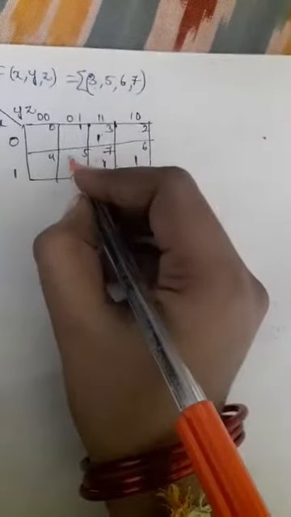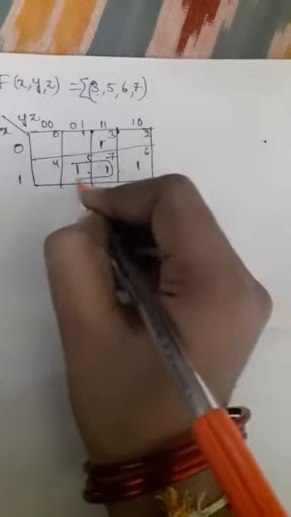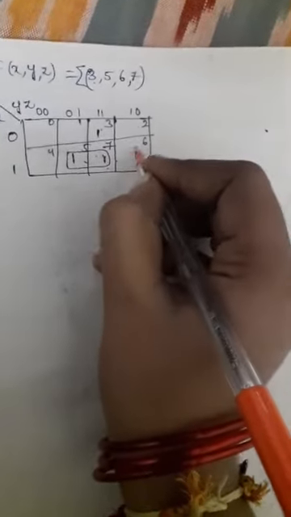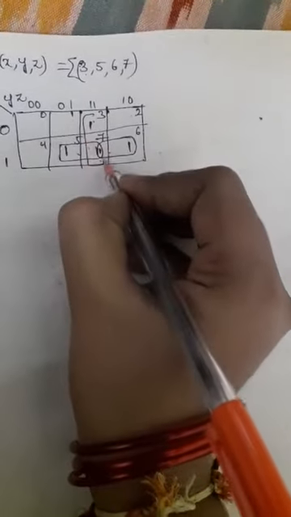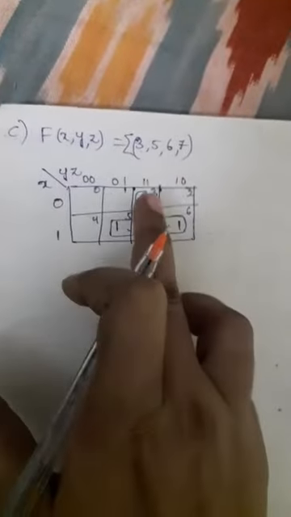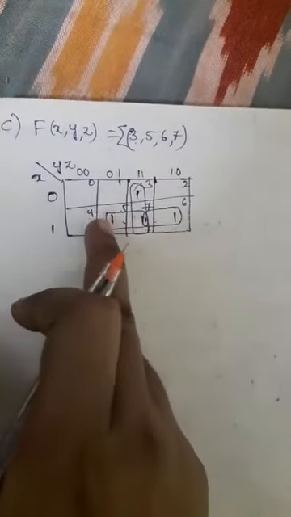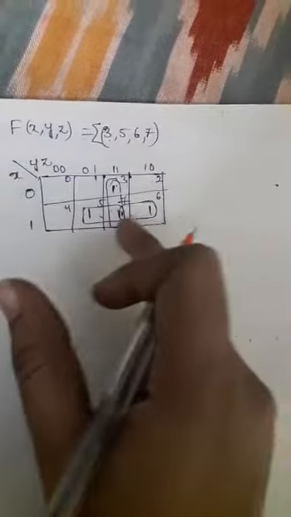Here we have 3 adjacent pairs. One double is possible here, one here, and one here. Totally we get 3 doubles. One group is 3, 7, another group is 5, 7, and another group is 6, 7. So I can write it here for doubles: 6, 7 is also one double.